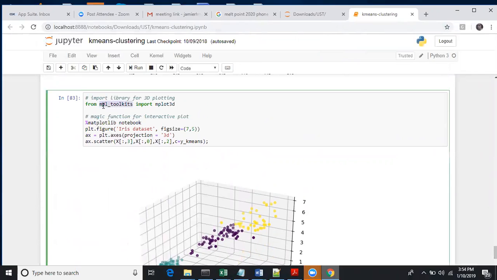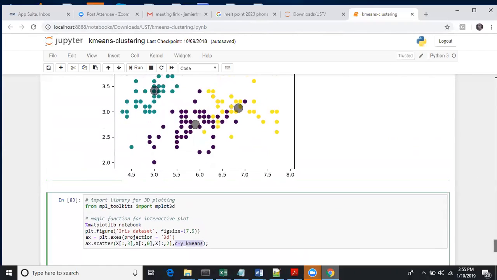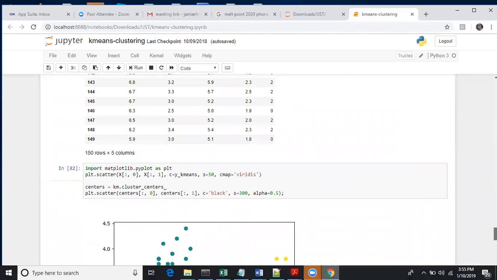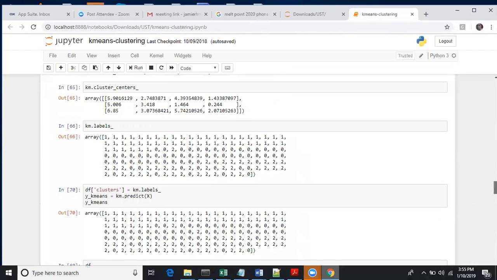This is the matplotlib import for 3D. And in the scatter plot, we put 3 columns instead of 2. And these are the 3 centers. C is y mean.